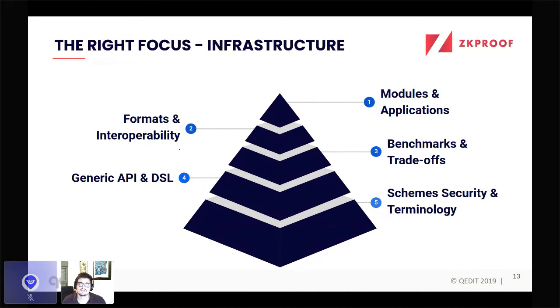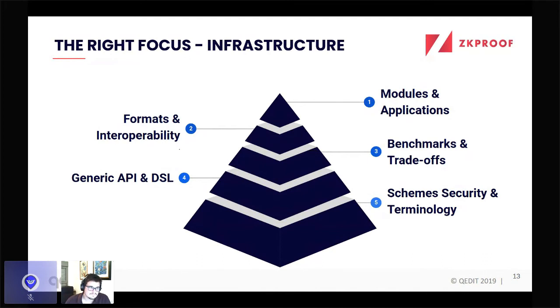For example, if you think about the impact that the Sapling protocol has had on the industry, it's partly based on the fact that it is used across different applications. And that's what we want to aim to achieve in the first phase.